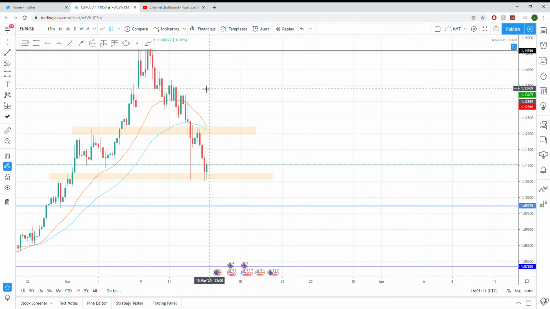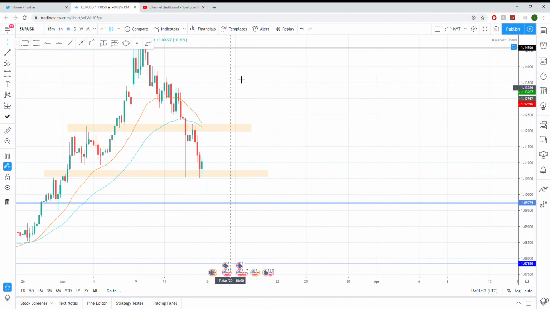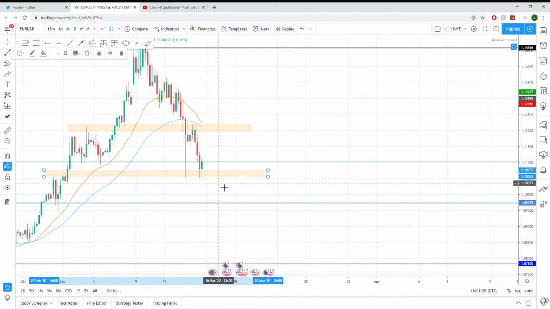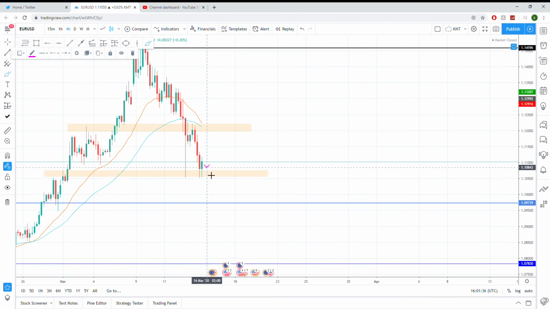So in the current price action that we can see here, we are bearish. So I'm just going to focus on bearish momentums for this particular pair, and then we'll look at how to get into a possible buying position as well. In this bottom zone that we've got here, it's at 1.10757 to 1.10555, and essentially what I'll be looking for is a big closure to the downside followed by a pullback.